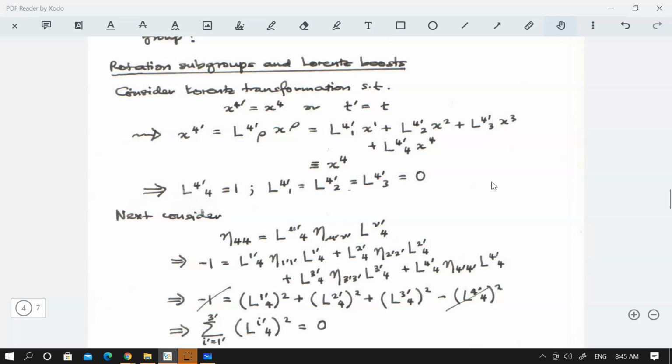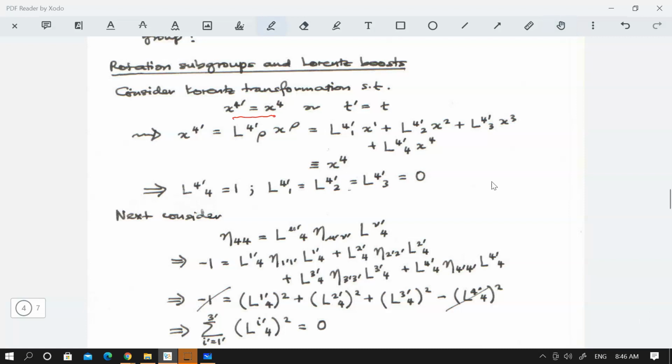So we're going to ignore in this particular case your Poincaré part, the constant addition. So L4 dash rho x rho, where rho is a dummy index so you have to sum it, and this whole thing has to be equal to x4, because you want to preserve that.